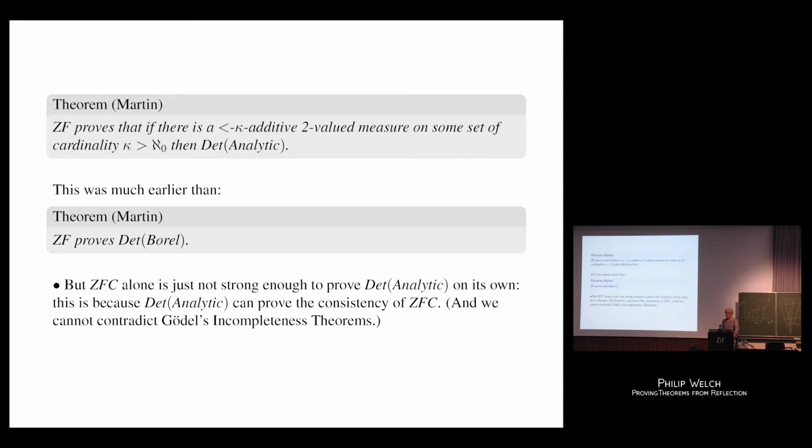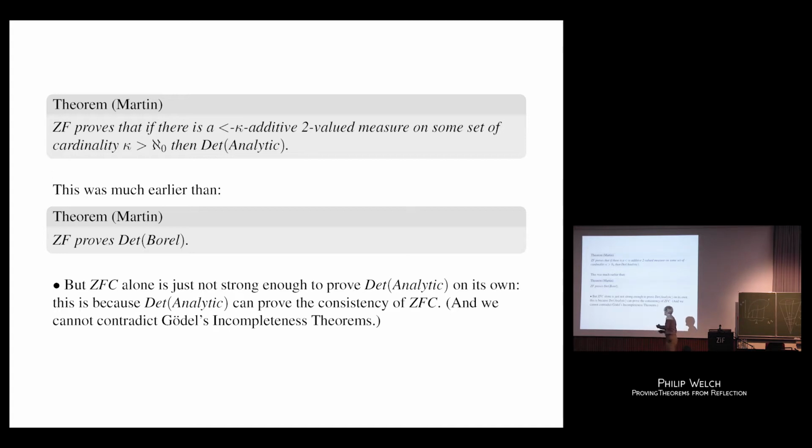On the other hand, to contrast with this, ZFC alone is not strong enough to prove the determinacy of analytic sets. So it cuts there between Borel and these projections of Borel. This is simply because it's not a strong enough theory to prove this kind of determinacy. We need to enhance the theory in some way.